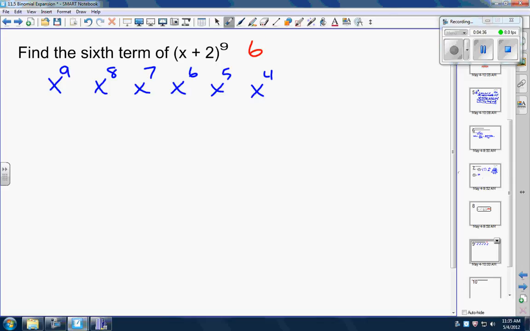So I know this right here will be the 6th term. Okay, I know it's going to be an x to the 4th. So that's good. If I know it's an x to the 4th and it has to add up to 9, automatically I know it's a y to the 5th, or a's and b's, however you want to think about these. Okay, now what would the coefficients be?